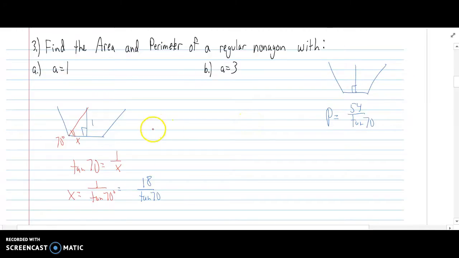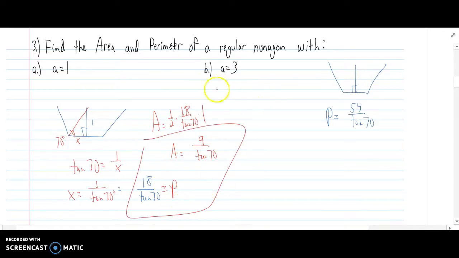Going back to the first one, area is 1/2 times that perimeter times the apothem, and our apothem was 1. So if we multiply all this, we get an area of 9 over the tangent of 70. So here's our area. We already had our perimeter.